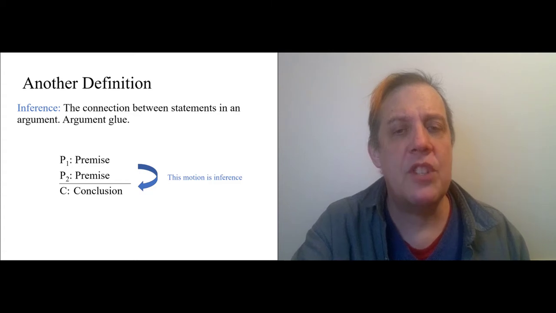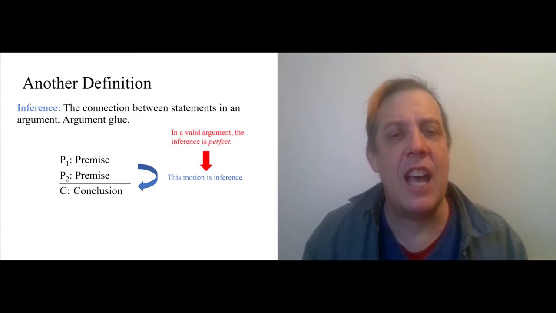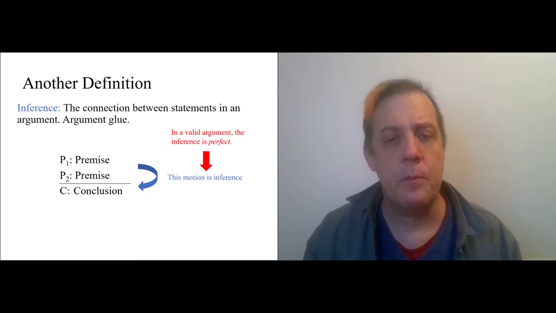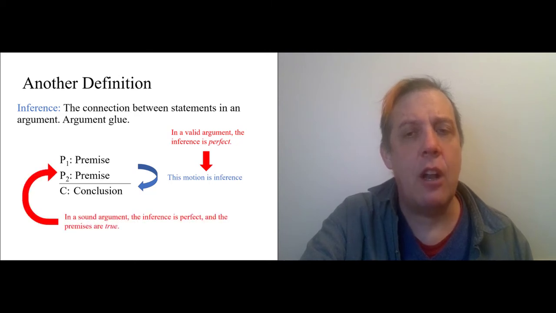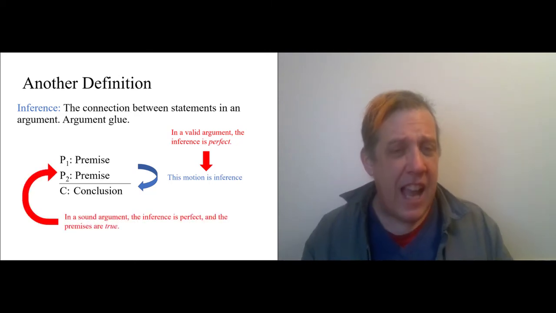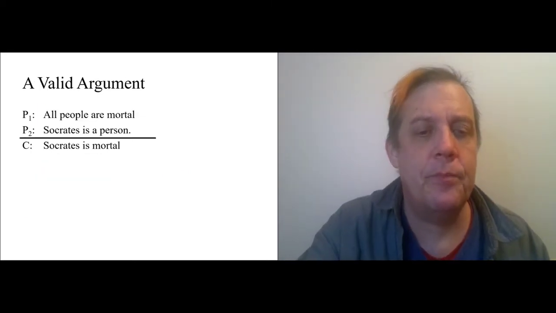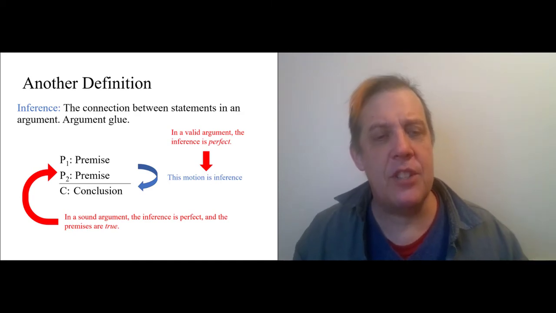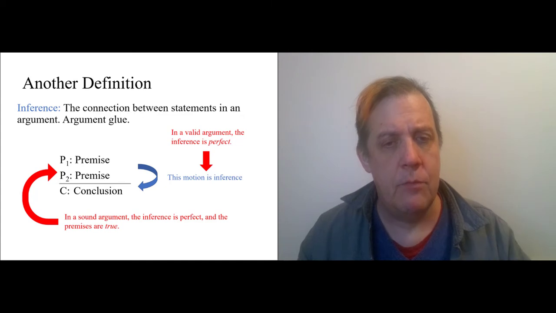So when we say that an argument is valid, what we mean is that the inference, that connection, is perfect. So it's about the arrow. When we say that an argument is sound, we say that it's valid and, go back, the premises, here just premise 1, premise 2, they are true. Okay?